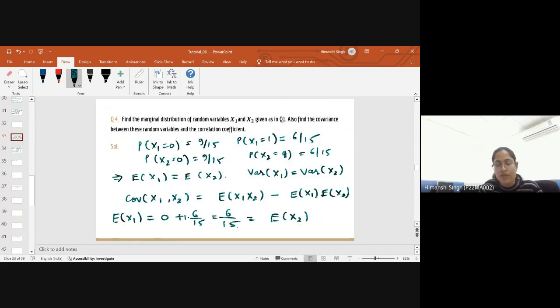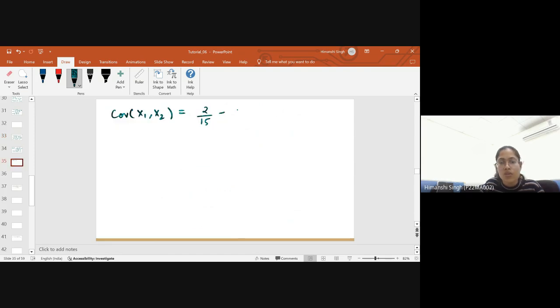That is 6 by 15 into 6 by 15, because both expectations are equal. If I cancel out, it is 2 by 5 and 2 by 5. So it is just 2 by 15 minus 4 by 25.